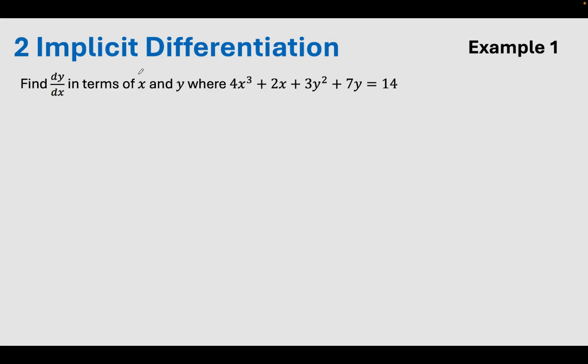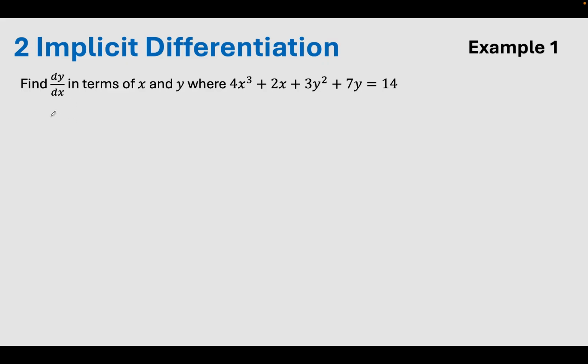Find dy dx in terms of x and y, where 4x cubed plus 2x plus 3y squared plus 7y equals 14. This is especially useful because it would be particularly nasty to try and express in terms of y equals. Being able to differentiate the entire thing is really useful.